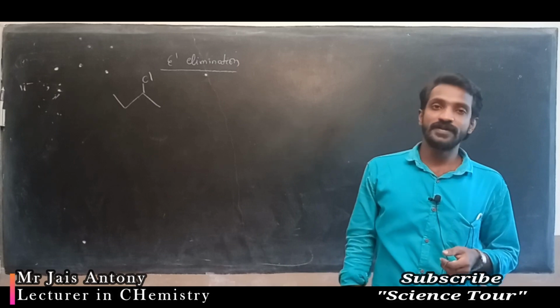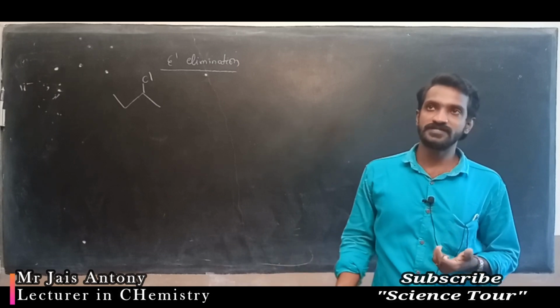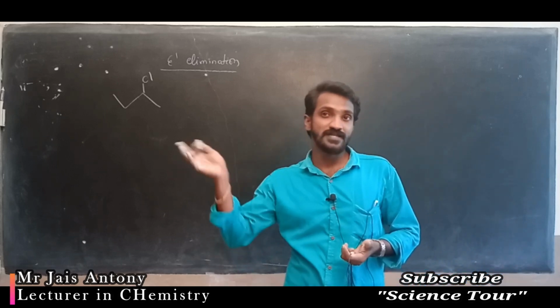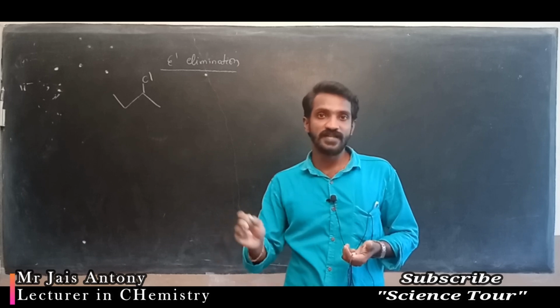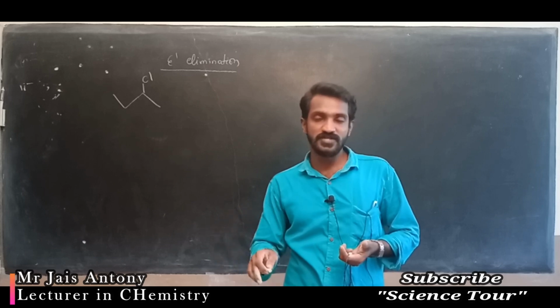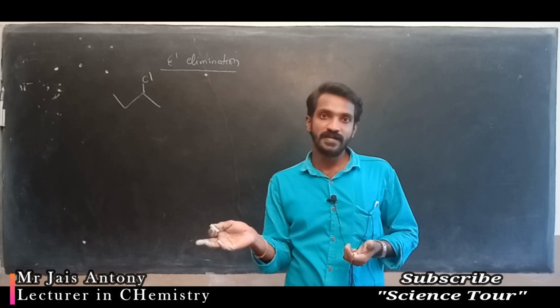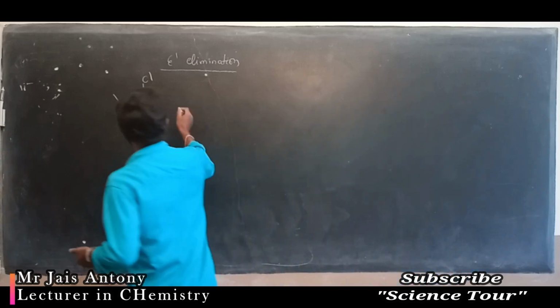As I already gave the difference between E2 and E1, here in E1, same as the SN1 mechanism, first the leaving group leaves, after that carbocation formation takes place, and from that a beta hydrogen will be eliminated, and it forms an alkene. I will give you the reaction.